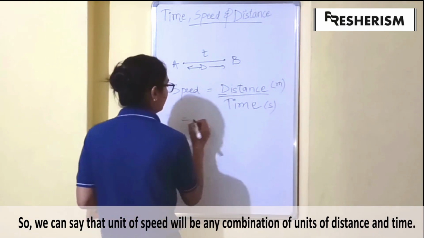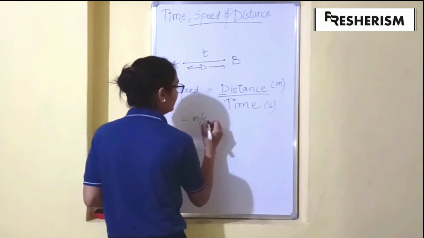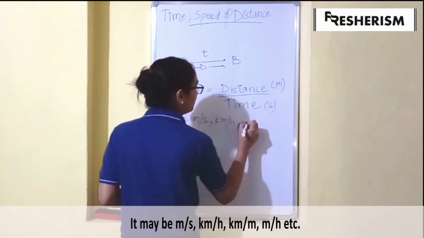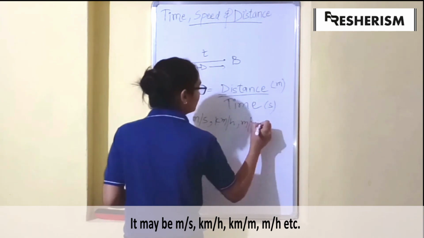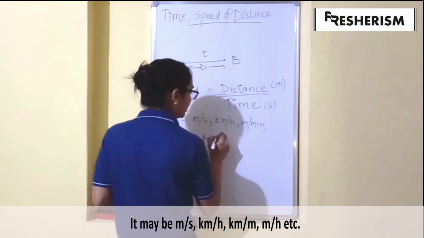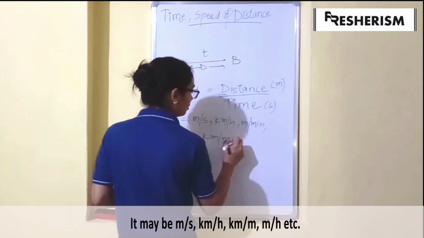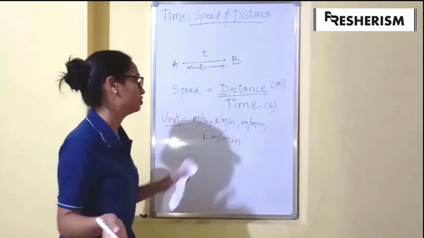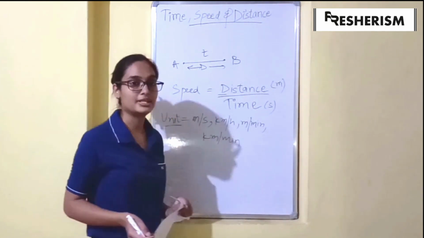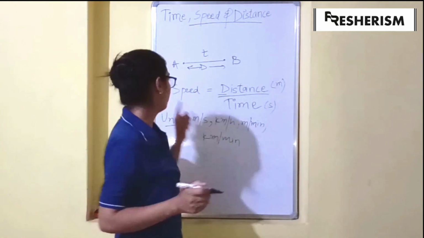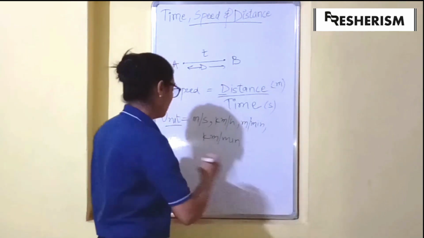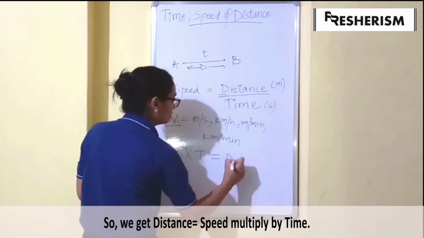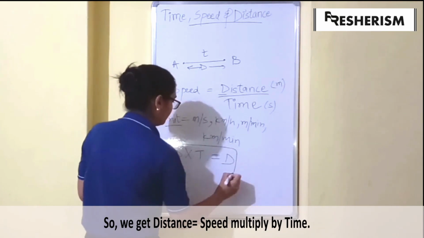So it may be meter per second, kilometer per hour, meter per minute, kilometer per minute, or any other combination of the units of distance and time. So from this equation we got the formula speed multiplied by time is equal to distance.